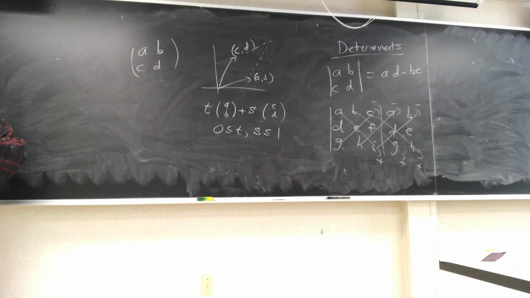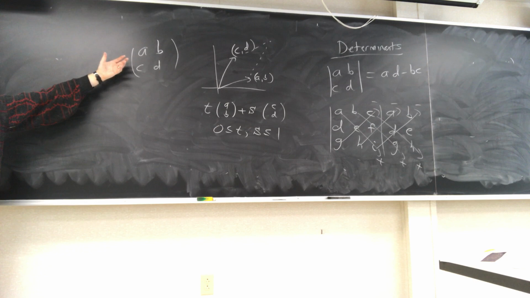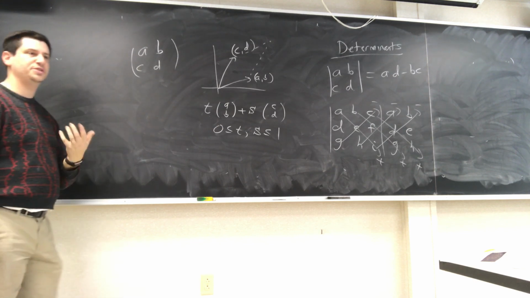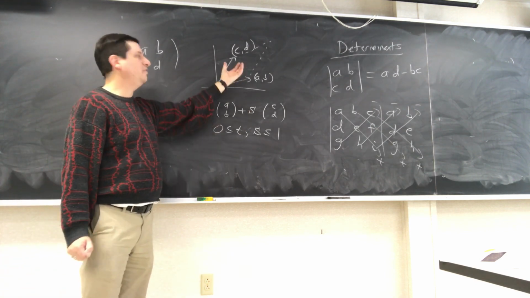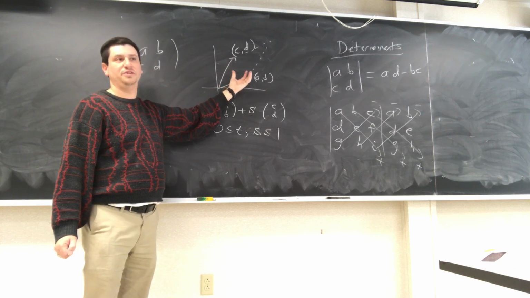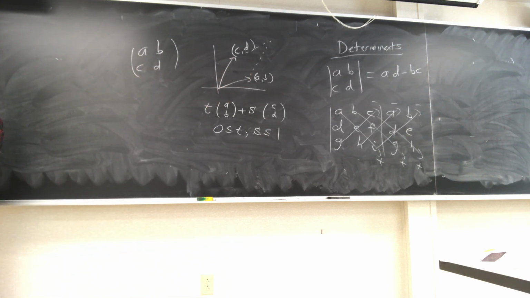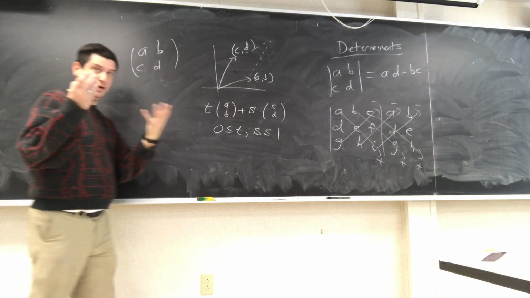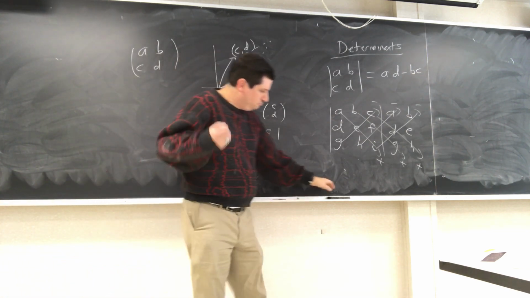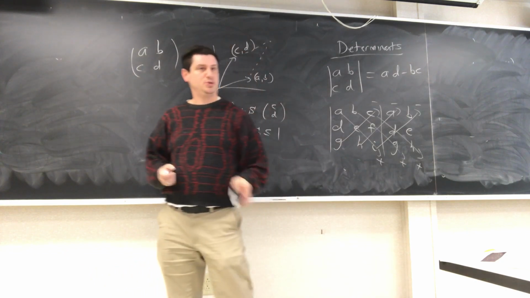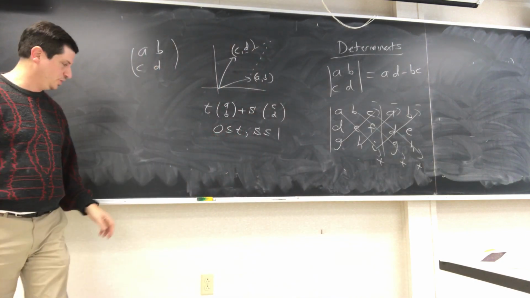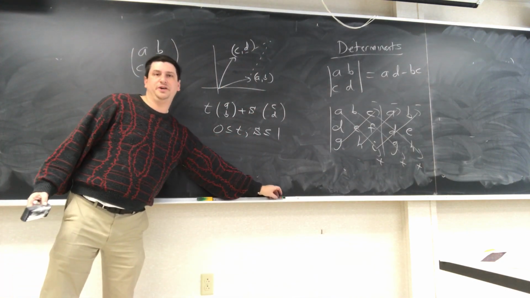What's the easiest 2 by 2 matrix to look at to try to get a sense of what the determinant is? So what parallelogram would be really nice to work with? A square. Or if you're willing to be a little bit more general, a rectangle, and the work is not going to be harder.